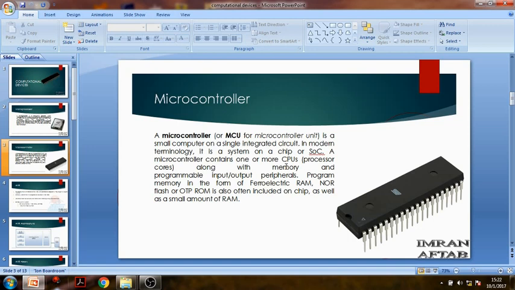For different projects you may need to use different controllers. Before learning various microcontrollers, you need to concentrate on a single microcontroller. If you have a good command of one microcontroller, then you can easily switch to different microcontrollers.